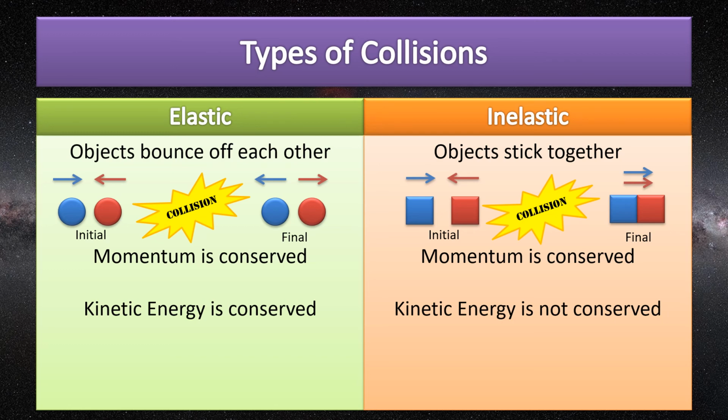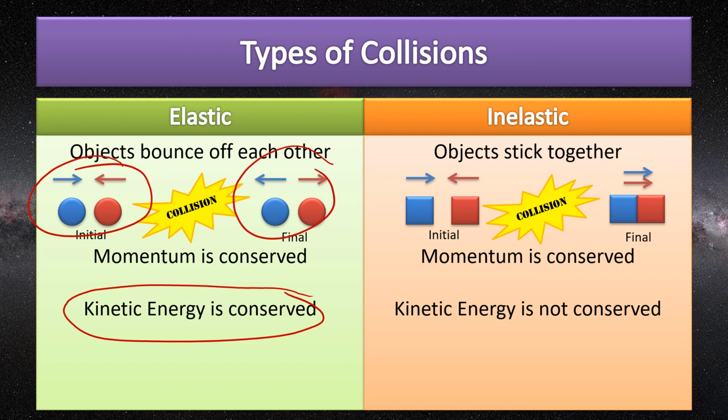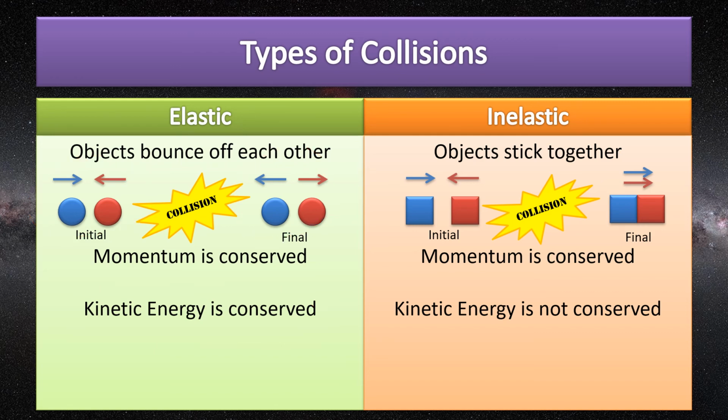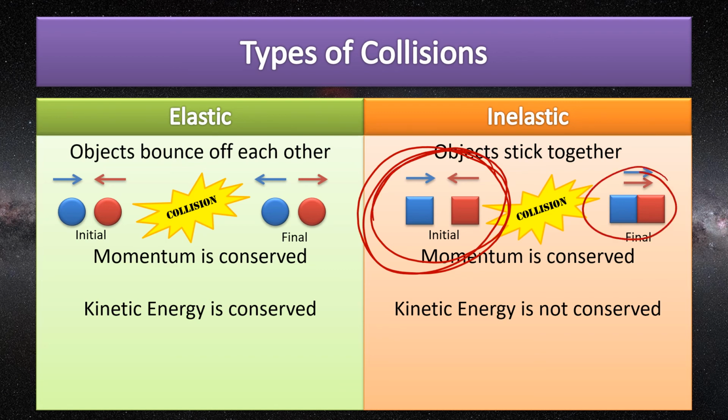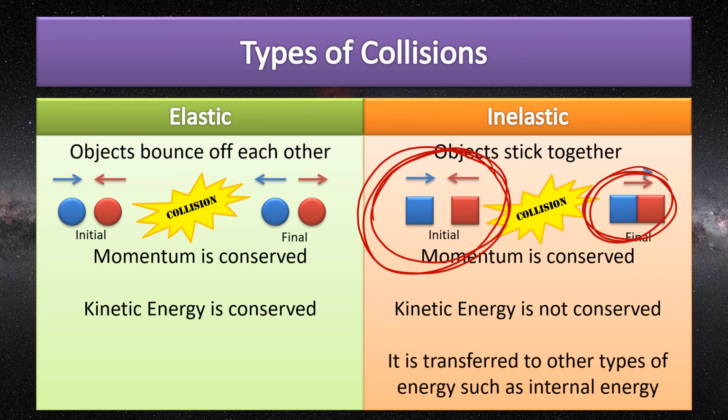And you might be saying to yourself, wait a second, energy is not conserved? No, this is the total kinetic energy is the same, initial and final here. You have more kinetic energy here and less kinetic energy here, but all that means is that some of the energy is transferred into other types of energy, such as internal energy. Okay, so that's the idea there.